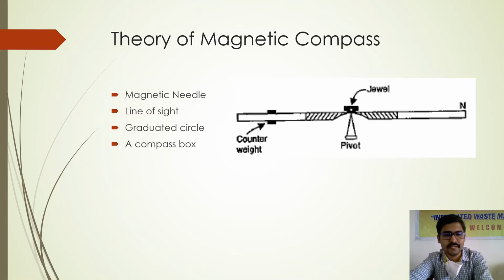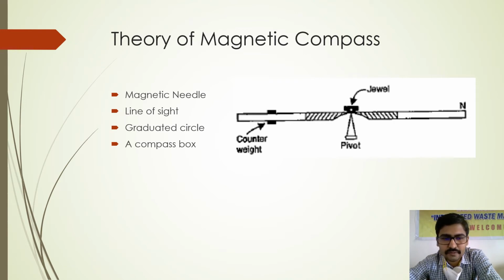That is what bearing is, and to measure that bearing we require a graduated circle. When you see one of the compass diagrams, you will come to know what exactly I am talking about. Remember that to construct a compass, you require a graduated circle where the angles are engraved, right? So the three things required are the magnetic needle, line of sight and graduated circle.